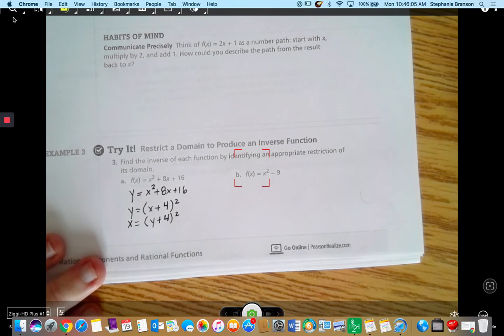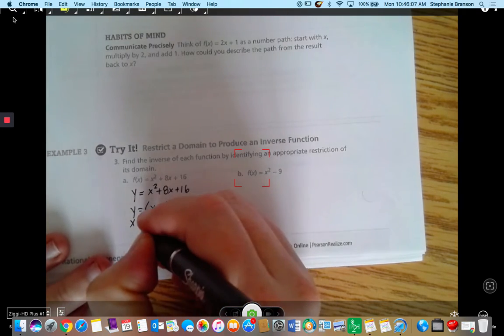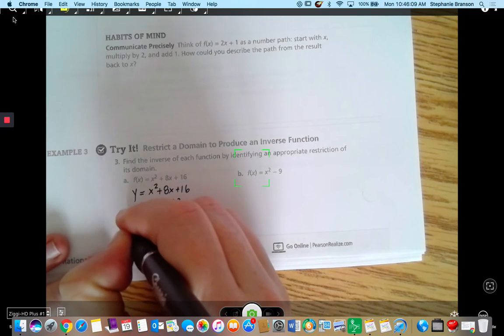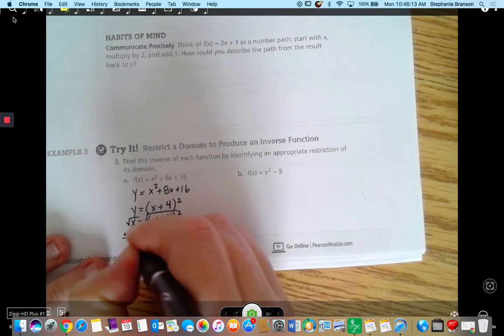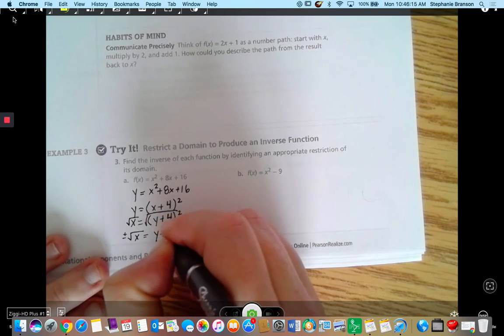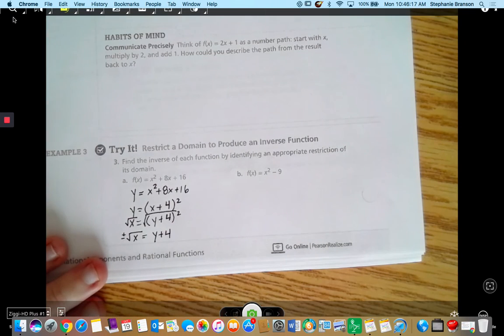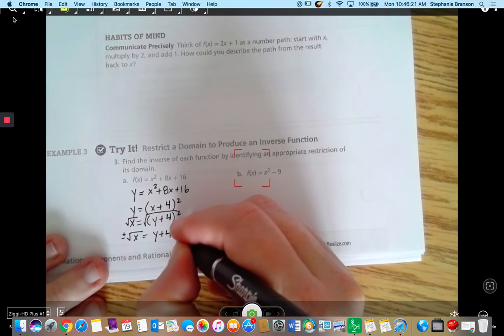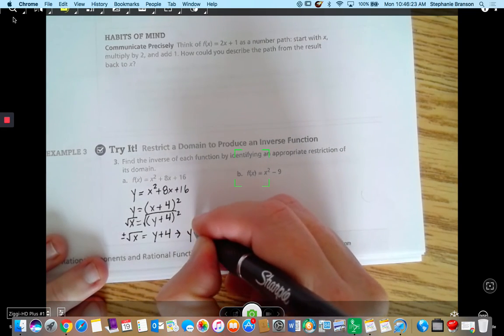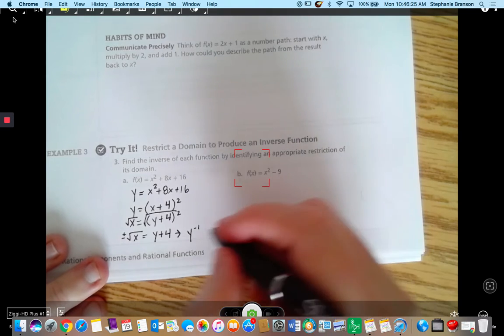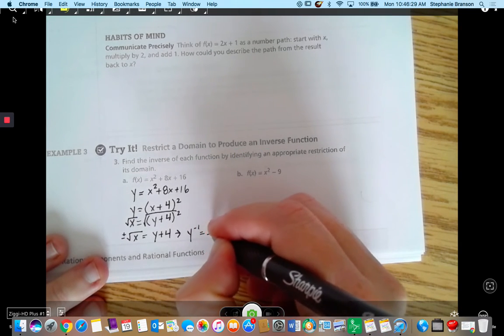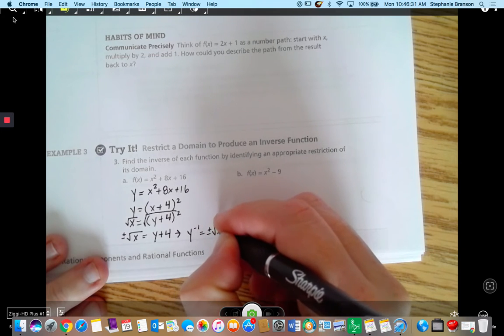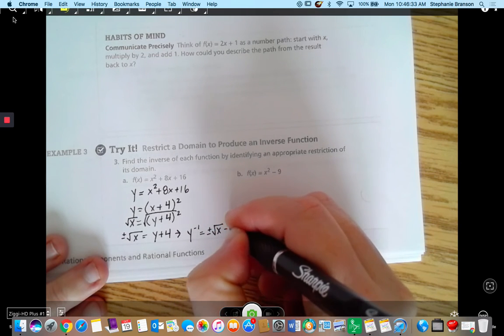And now we have to solve for y. Start by taking my square root. Plus or minus the square root of x is equal to y plus 4. So my inverse would be, that little -1, that means it's an inverse function. My inverse of this equation would be plus or minus the square root of x, minus 4.